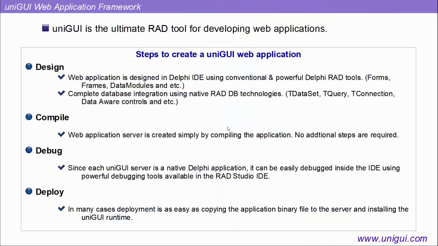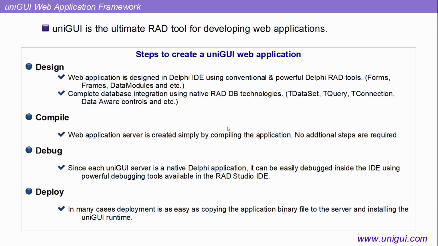At this point, we will try to explore the UniGUI RAD approach. UniGUI can be considered as the ultimate RAD tool to create web applications because it simply follows the same approach which is followed to create VCL desktop applications. Let's go through the steps which are required to create a web application using UniGUI.